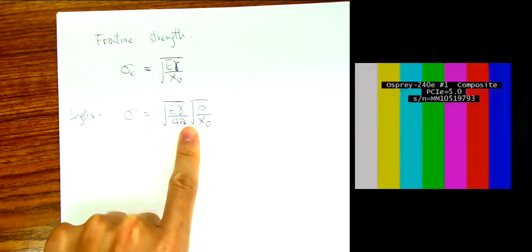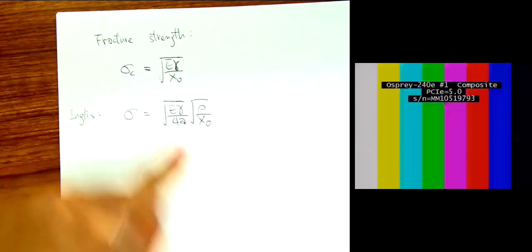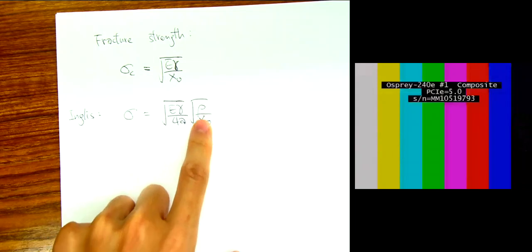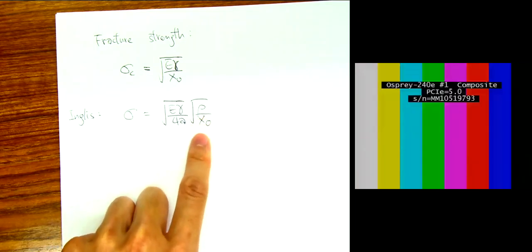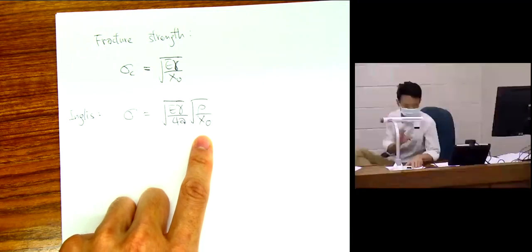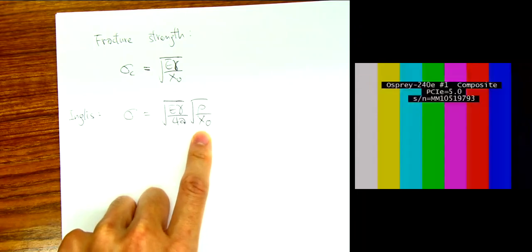So we have the a now, that is the crack length, which did not appear before. And because we know the flaw matters, we have rho, which is the radius of curvature of the crack tip. It is a difficult parameter to characterize. Nonetheless, he derived it. We still have the x naught, a parameter that we can calculate just from atomic spacing, right?